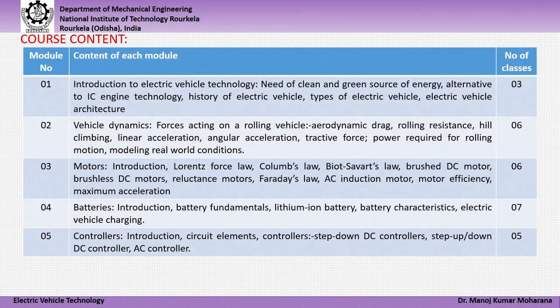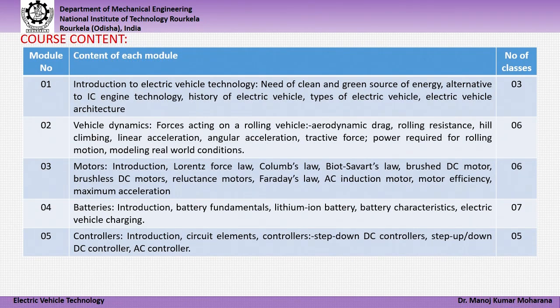In this course, we have divided the whole course content into different modules. In the first module, we will talk about the introduction to electric vehicle technology. We will try to understand what is the need of clean and green sources of energy, how it is an alternate technology to conventional IC engine technology, and we will learn briefly about the history of electric vehicles, because it is very interesting to know how electric vehicle evolved with respect to time.